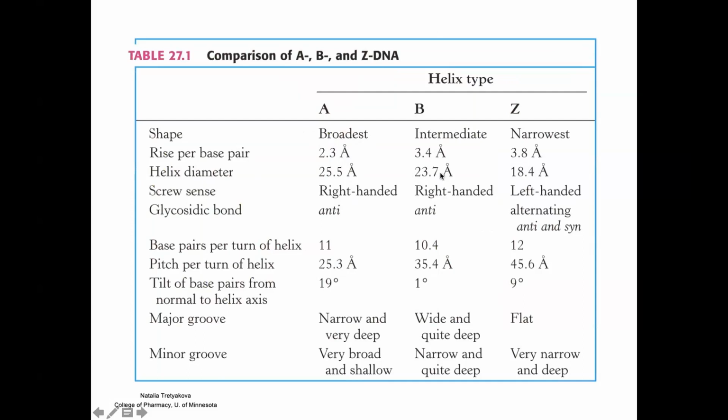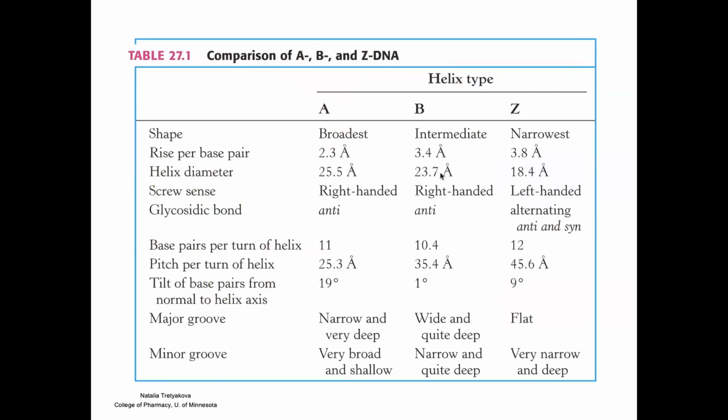So all of the various parameters that Watson and Crick described in their original model have subsequently been modified to some extent, because of increased study of the molecule by other chemists and biochemists, so coming up with more precise measures.